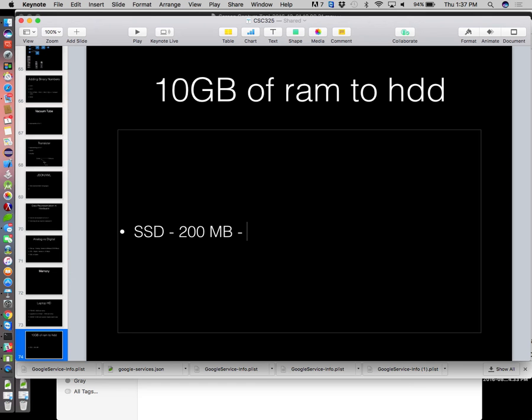So how long in seconds will it take to move 10 gigabytes of RAM to a solid state drive? Go ahead and take 2 minutes, do the math, practice your conversions. This could definitely make it onto a final exam. So I want to know the amount of time in seconds it takes to move 10 gigabytes of stuff at 200 megabytes per second.